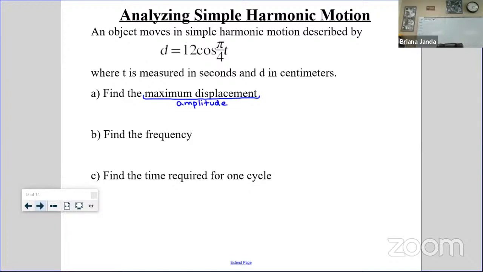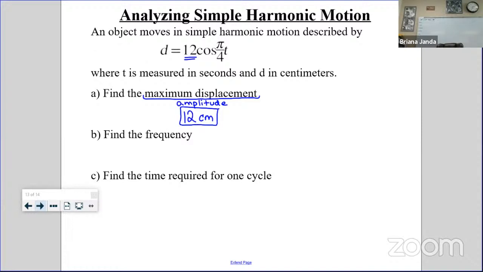How far above and below that resting position we go. And again, amplitude is always that constant multiplier in front of our trig function. And so we would say 12 centimeters because our distance is measured in centimeters.